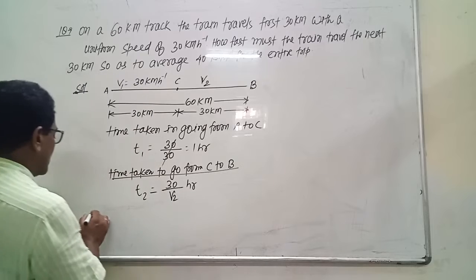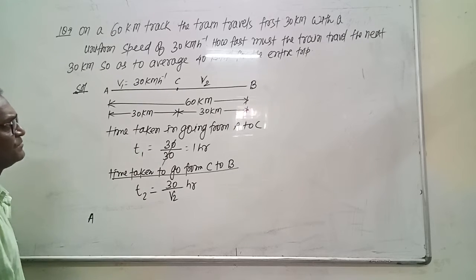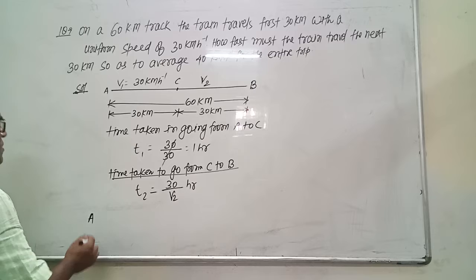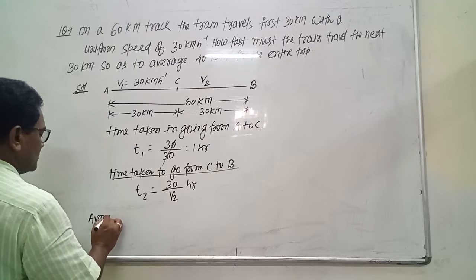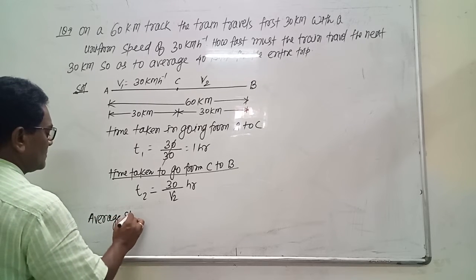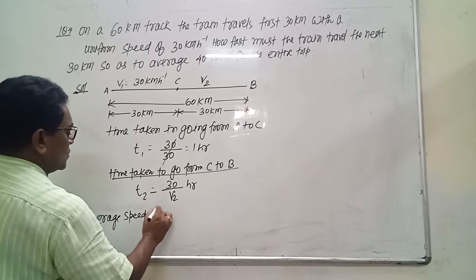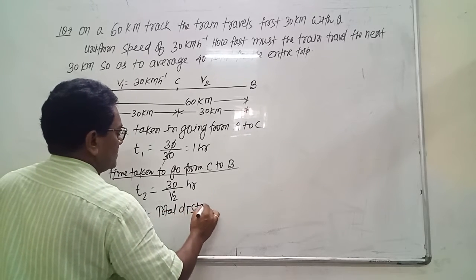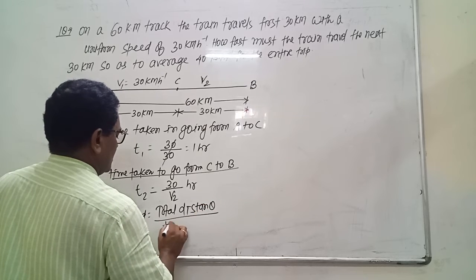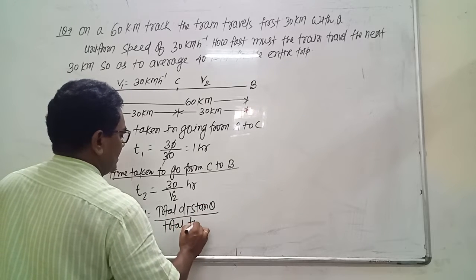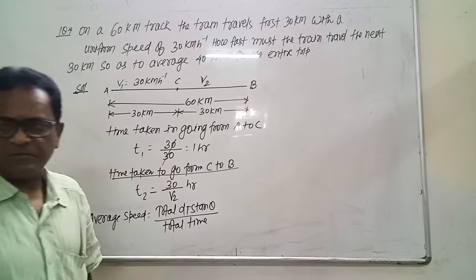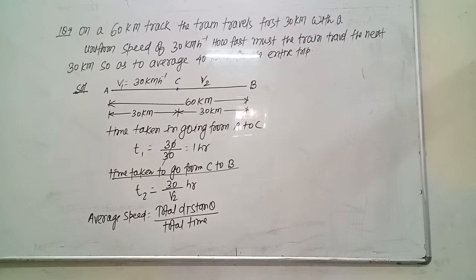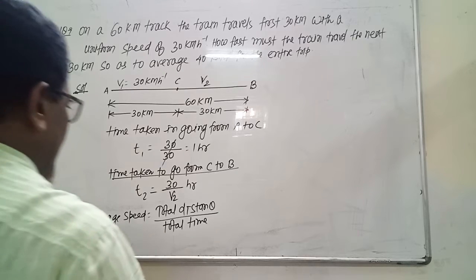The formula for average speed is given by total distance upon total time taken.